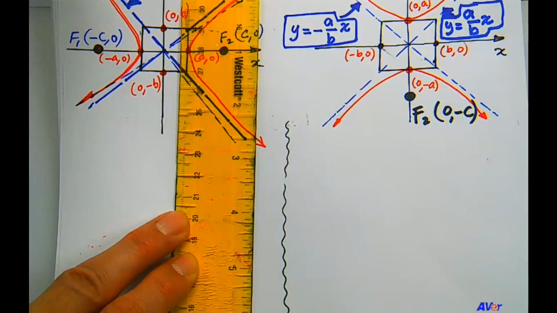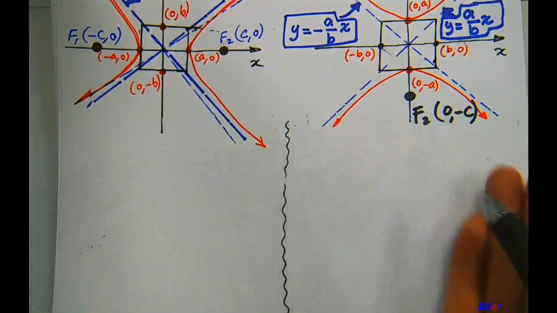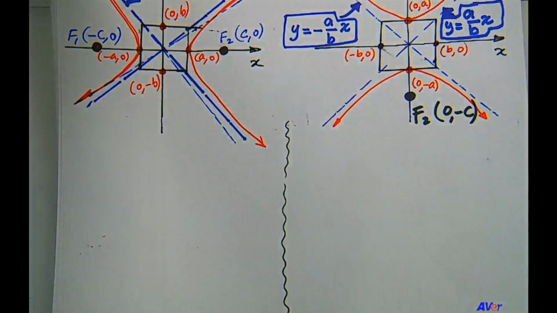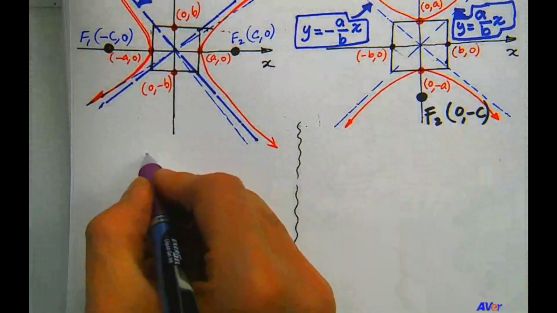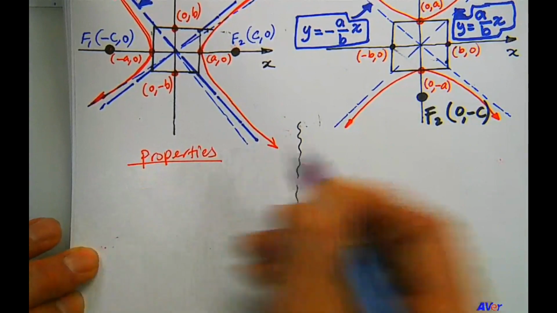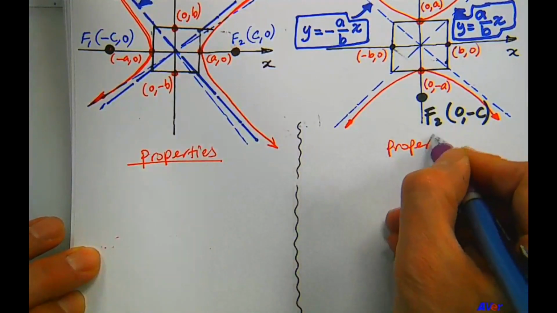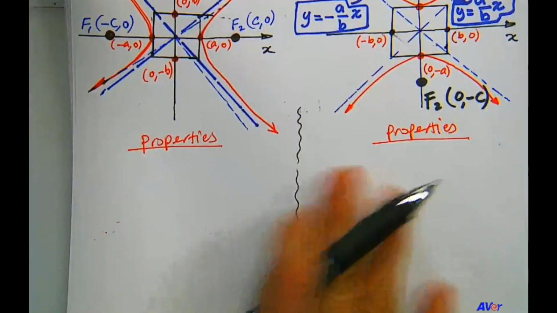So something like this. So properties of the horizontal hyperbola and the properties of the vertical hyperbola.